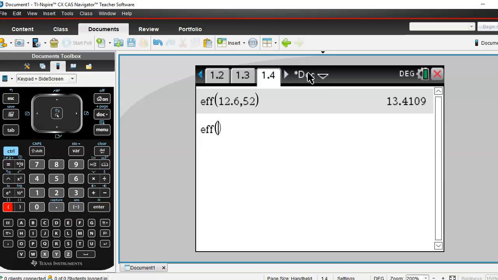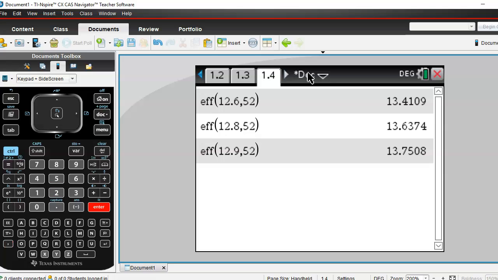So loan 2, 12.8% per annum, compounding weekly, so 52 weeks in a year. 13.64% effective interest rate per annum. So loan 3 is 12.9% per annum, compounding weekly. Okay, so 13.75%.